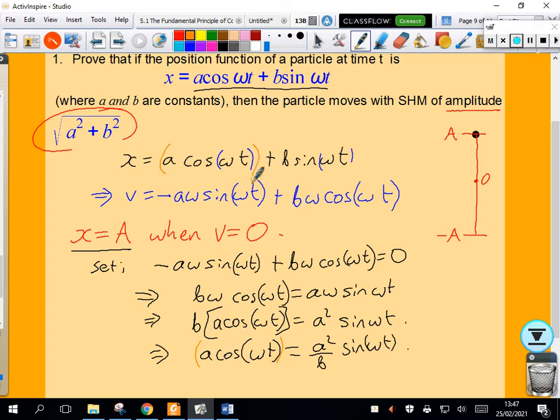Because when x is equal to a, the amplitude, a cosine omega t is going to equal this expression. So I'm going to take this expression for a cosine omega t and plug it into my original position equation, plugging in a for x.